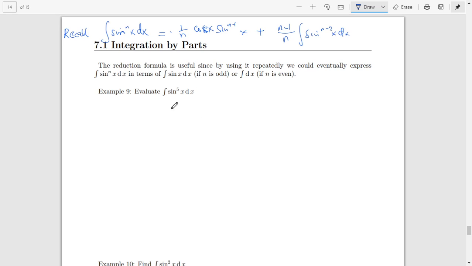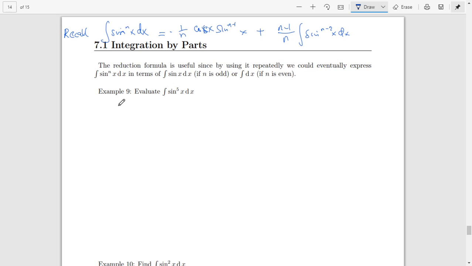Now over here, usually the reduction formula just helps us to use it repetitively to reduce sine to the power of n of x, until we get sine x if n is odd, or we get just this integral if n is even.